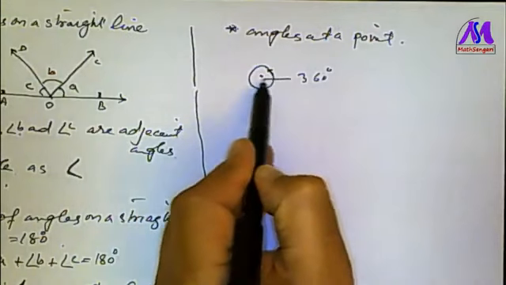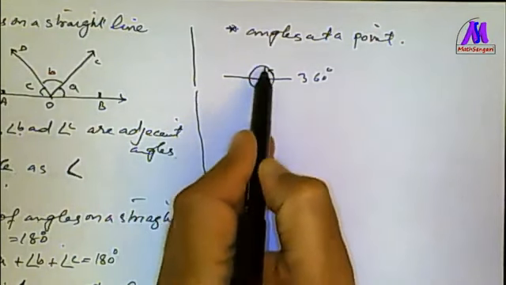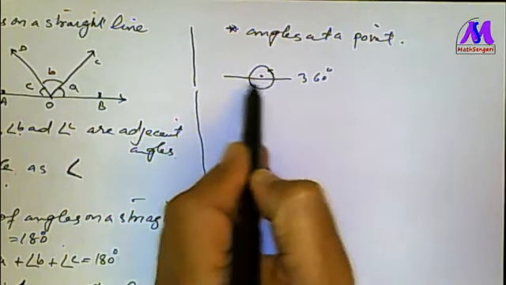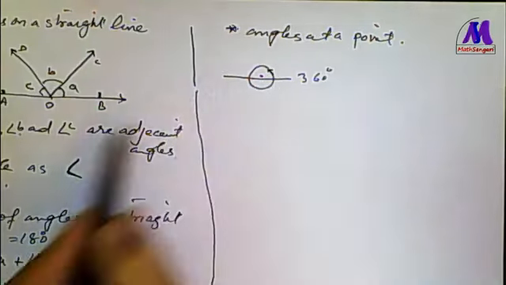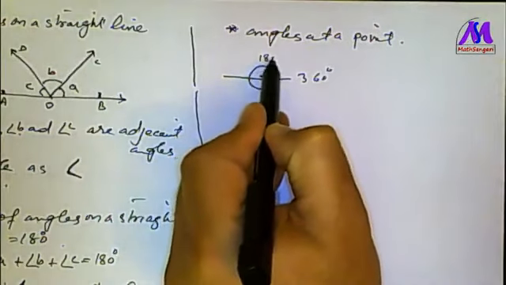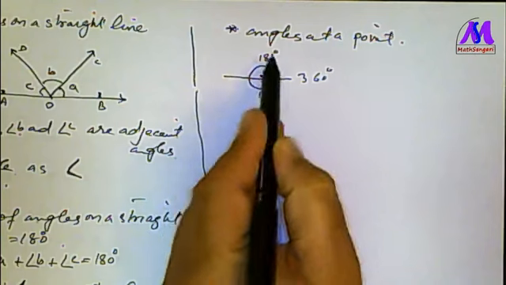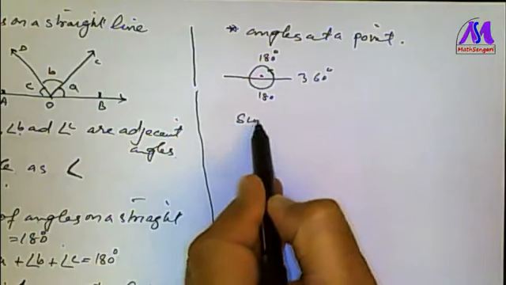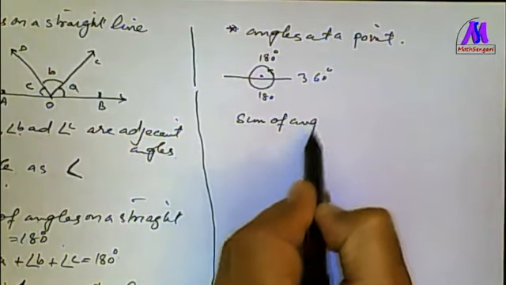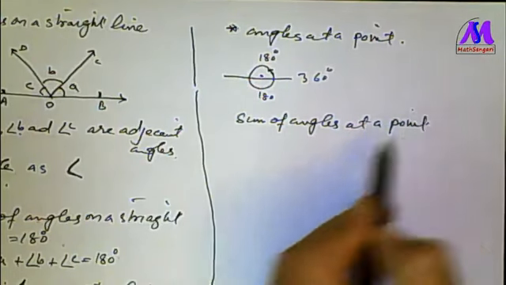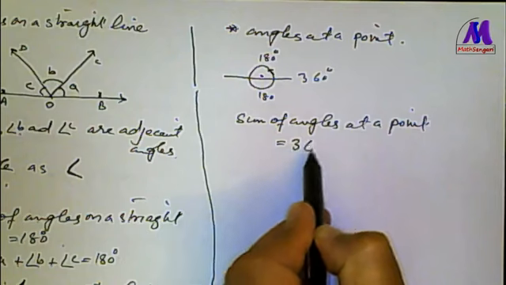Why? Because if we divide it into two equal parts, one above and one below, then each is a straight line, and we already learned that a straight line will be equal to 180 degrees. So 180 plus 180 will become 360, and it means the sum of angles at a point will be equal to 360 degrees.